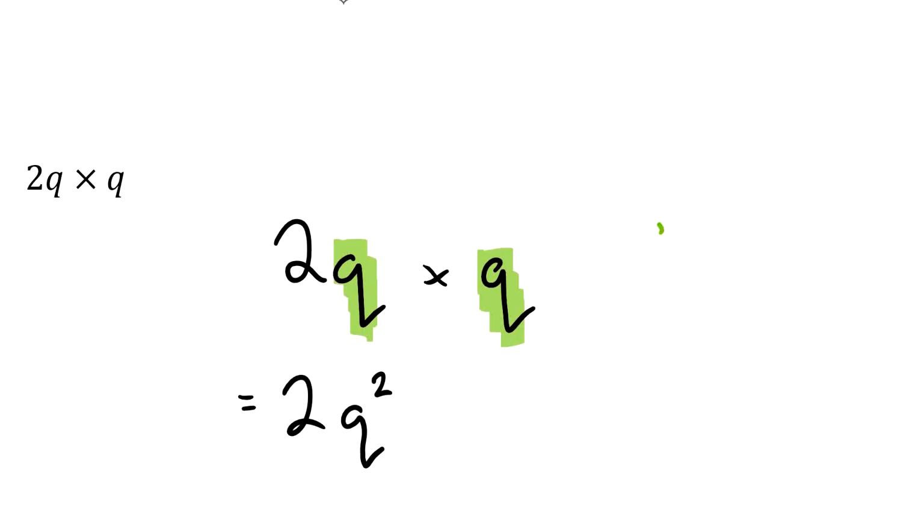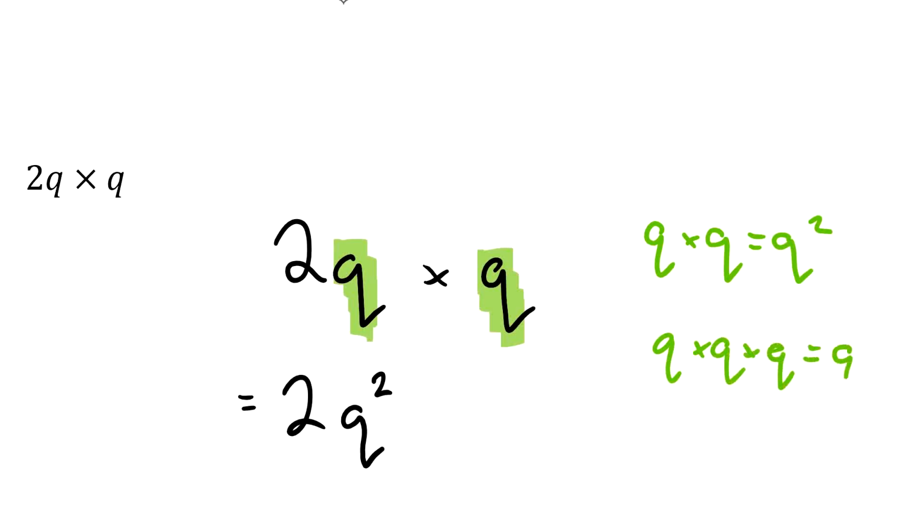So q times q equals q squared. If I had q times q times q, I get q cubed. And if I have q times q times q times q, q to the 4. So you see the pattern there.